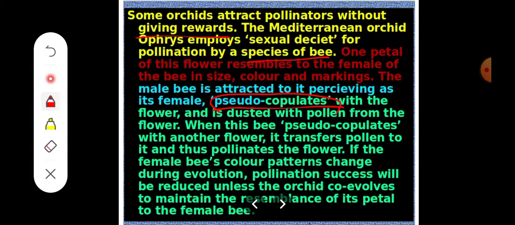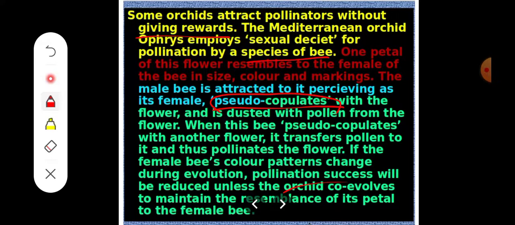So if any slight color pattern change comes in the female bees, it will affect the pollination process of this orchid. Okay, so during evolution of female bees, the changes which occur in them should happen in the orchid flower also. Only then the pollination can be successful.